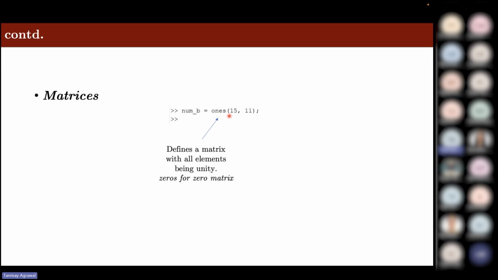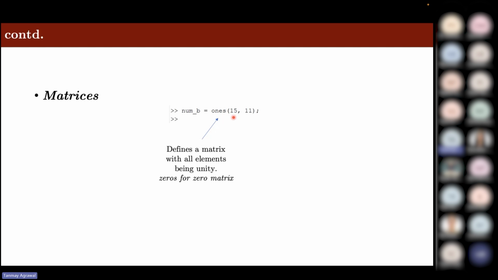So when we write ones, it means that we are defining a matrix which has all elements equal to unity. We can do the same thing if we want a matrix that has all elements equal to 0 by using zeros instead of ones. And this is something that is very typical with computational initialization. A lot of times we have to initialize the variables and we don't really want to initialize it with some very meaningful number. We either use 0 or 1 for a random initialization.